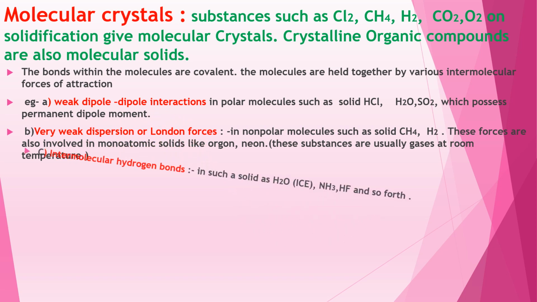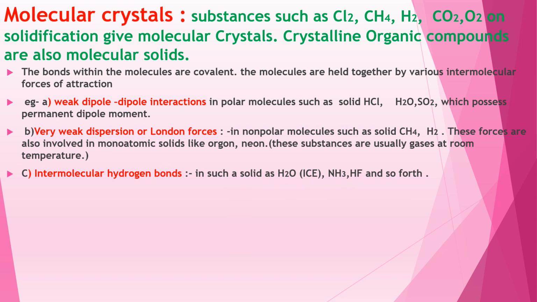Next one, that is intermolecular hydrogen bonding. In solids such as water molecules, like ice, NH3, ammonia, and hydrofluoric acid, intermolecular hydrogen bonding structure will be shown. These molecular crystals are simply understood as having weak intermolecular forces of attraction and hydrogen bonding.